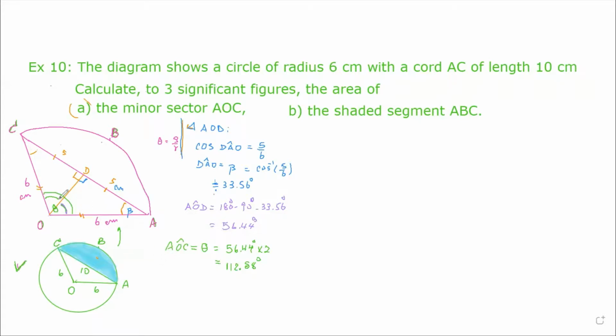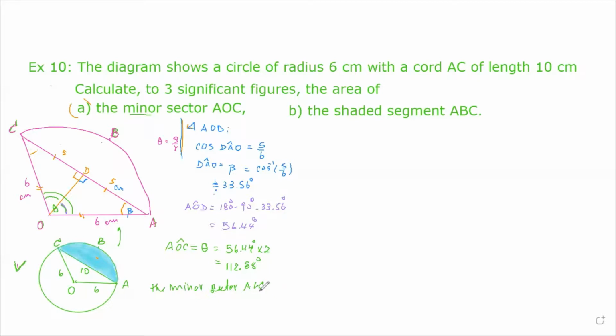Okay, so we got theta now, and we have the radius. Then we can use the formula of sector area, the area of the minor sector AOC.